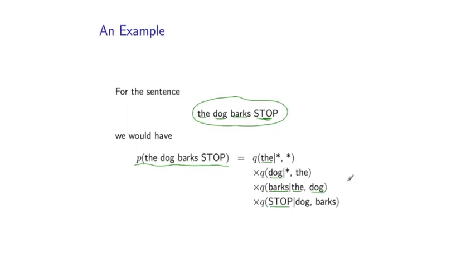So let's just talk briefly about this assumption that each word depends only on the 2 previous words. That clearly is a very naive assumption. And in fact, it's possible to construct all kinds of examples where that independence assumption is very clearly violated.